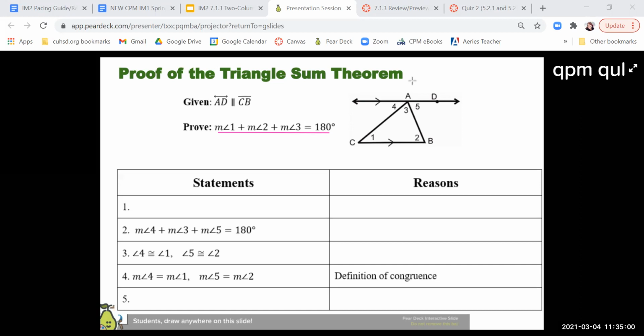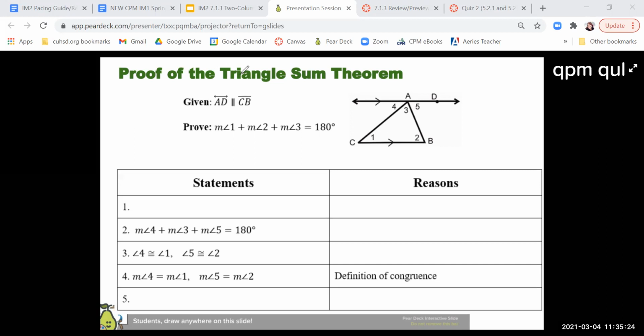We don't know that yet, but what we do know is, do you see how we have a line up here, AD, that's parallel to CB down here? And we have some transversals as well. AC is a transversal and AB is a transversal. So if we have parallel lines cut by a transversal, we end up with a bunch of useful angle pairs.